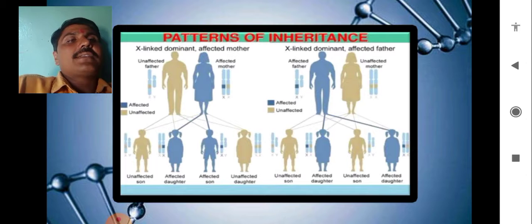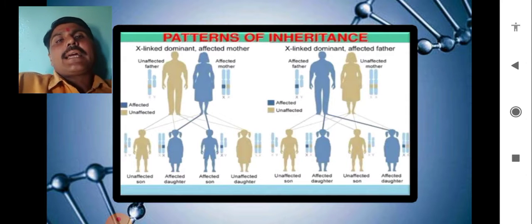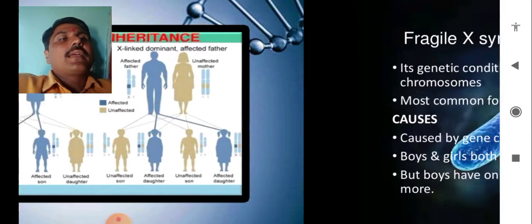Whereas when the father is affected, most of the time the females or daughters are affected in the progeny.